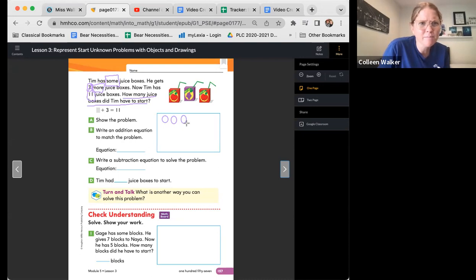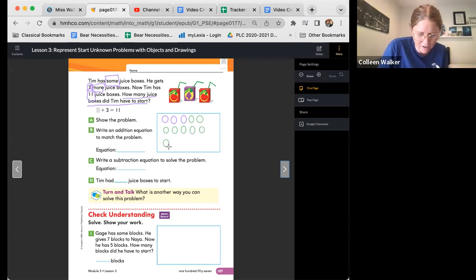And then we know that Tim has 11 total. So what we can do is we can keep drawing juice boxes until we get to 11. So friends, what comes after 3? 4, 5, 6, 7, 8, 9, 10, 11.